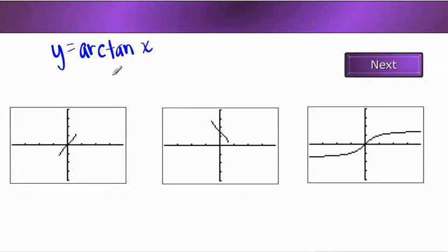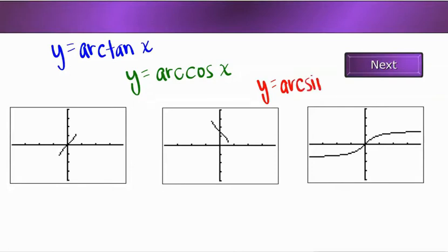Which one is arc cosine of x? And which one is arc sine of x? And you might want to press pause while you talk about this or try and figure it out. And when you're ready to check your answer, go ahead and press play.